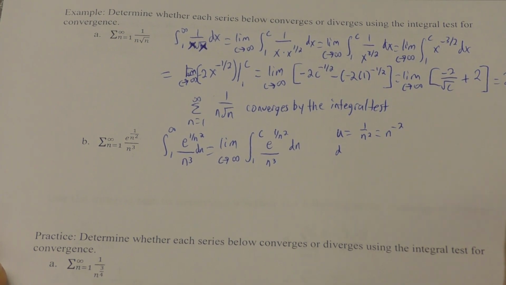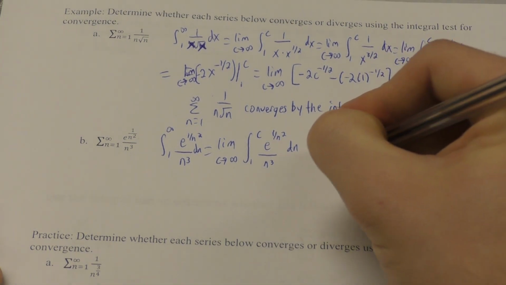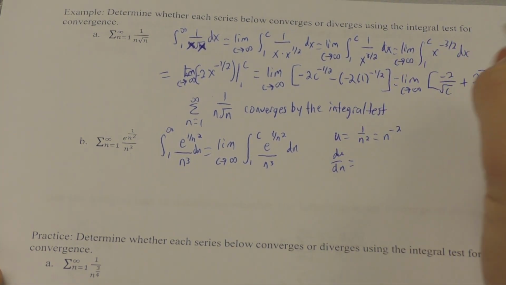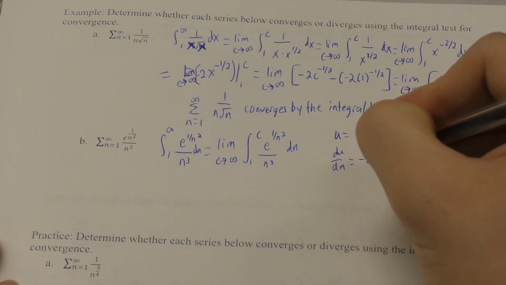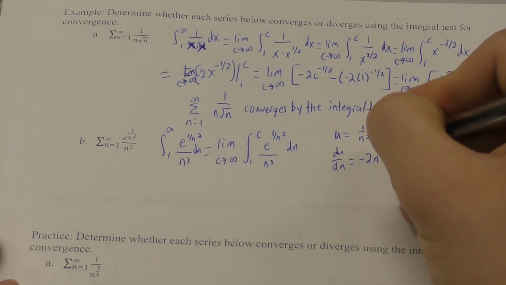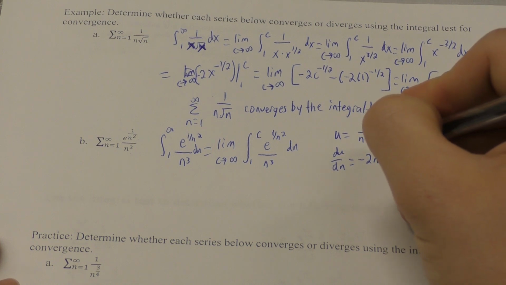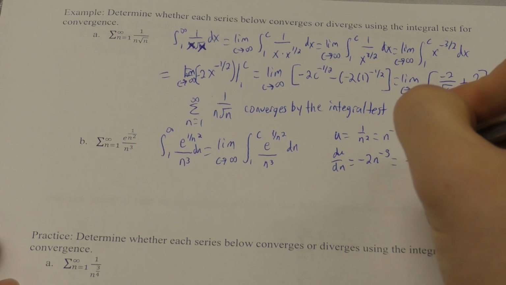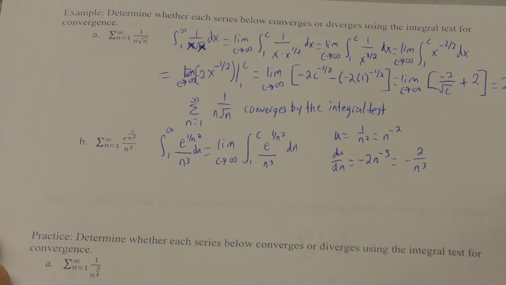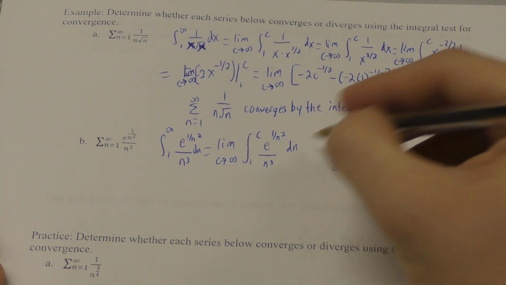Okay. So du dn is equal to the derivative of n to the negative 2, which is negative 2 n to the negative 3, which is negative 2 over n cubed. Alright, when I do some rearranging here, remember I want to solve for dn.